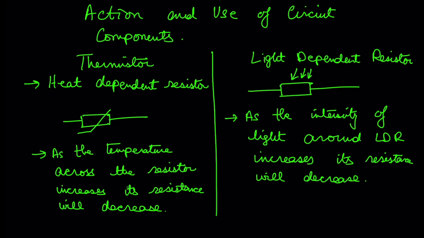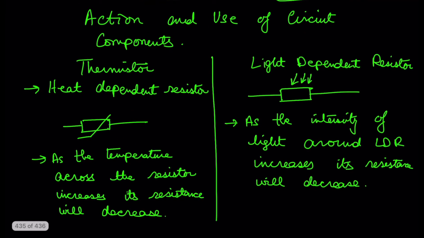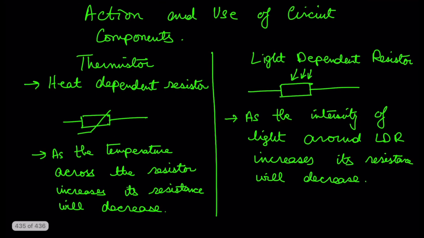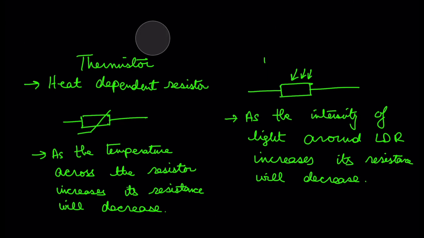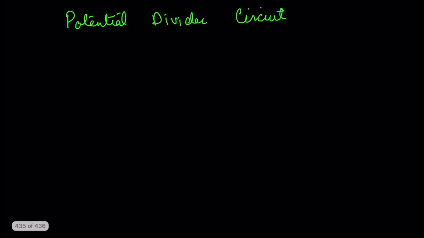Now the next thing that we have to discuss is the potential divider. Potential divider circuit. The main role of this potential divider circuit is to divide the potential into two values.